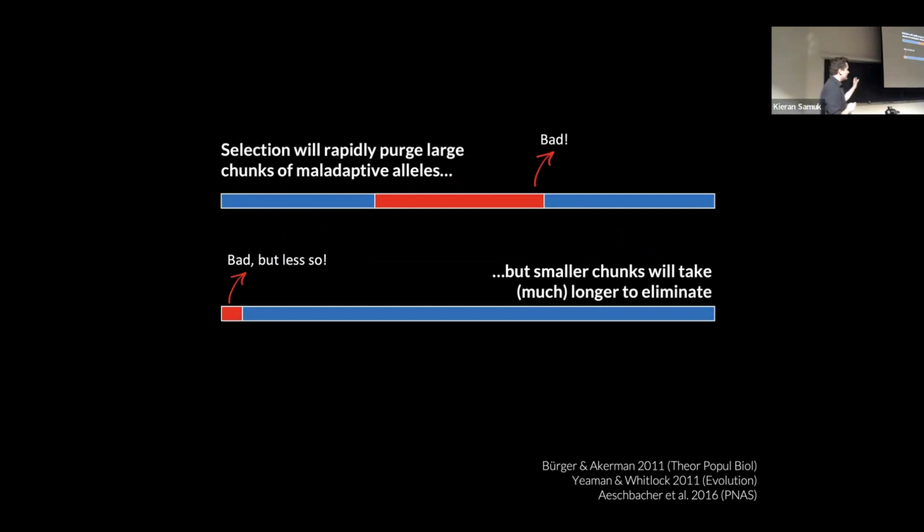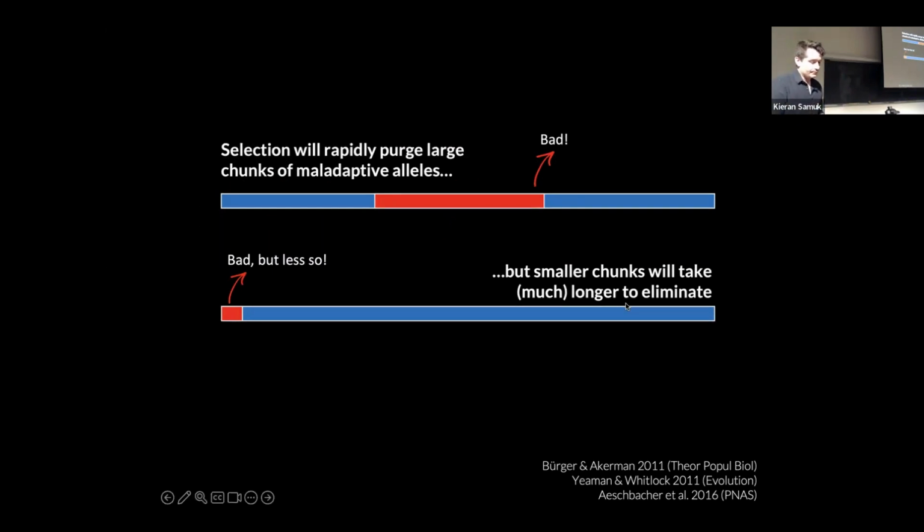In contrast, if we had just this little nub in here, this might be below the selective coefficient to even be affected by selection, and would just drift around. And these smaller chunks will take much longer to eliminate, if they're eliminated at all.